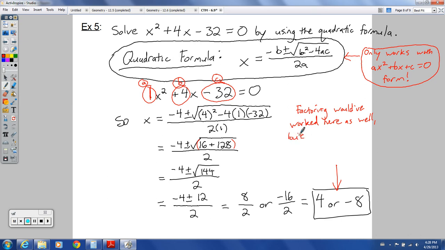But the directions, I'll read the directions. What? I have to read the directions, Mr. Wagner? Yeah, that's probably a good idea. So, but the directions stated to use the quadratic formula.